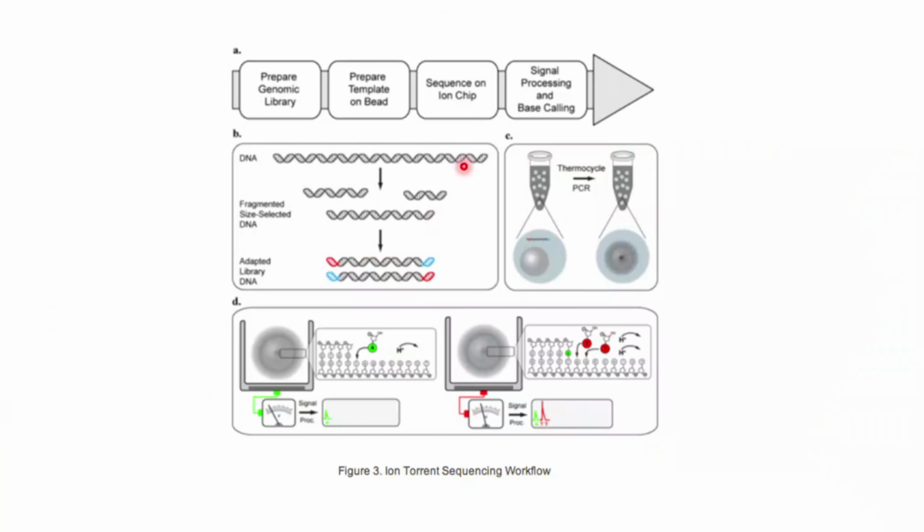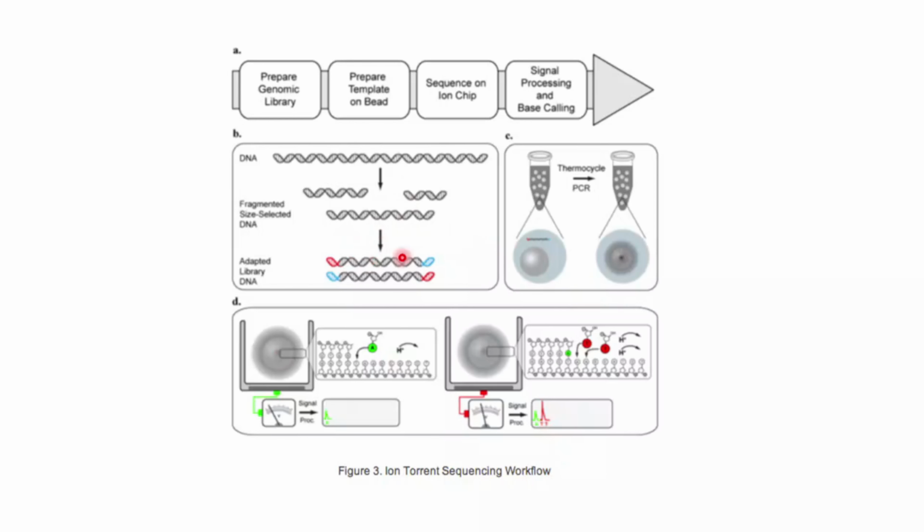This figure here just shows you, again, the process, but it's quite repetitive. Why is it repetitive? Because these technologies focus on the same idea. You have DNA, which is your genomic library. You break it into pieces. Then you will prepare these beads that will hold your DNA based on the adapters that you add on each side.